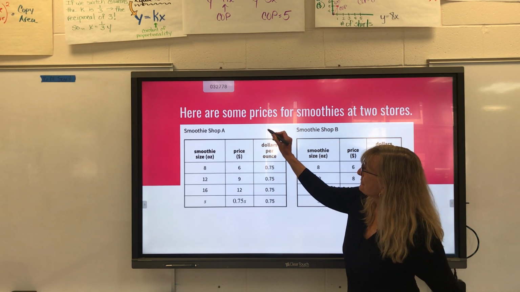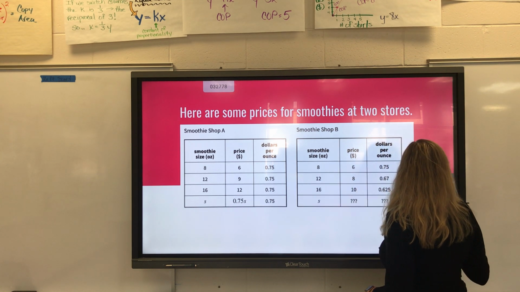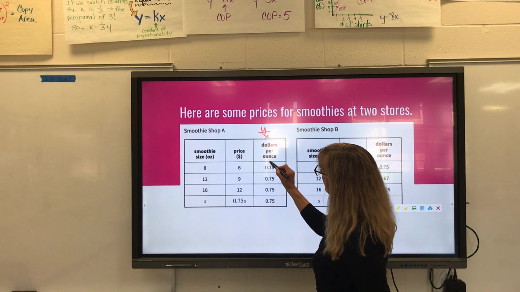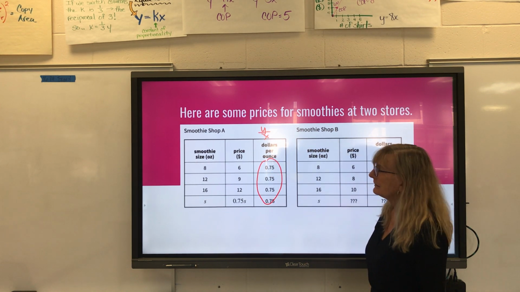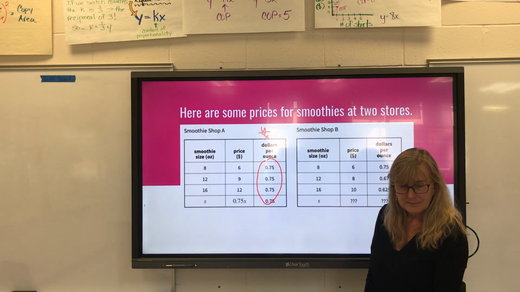That is your constant of proportionality. That is your y over x. Okay? So from looking at this store, does it look like there is a proportional relationship?